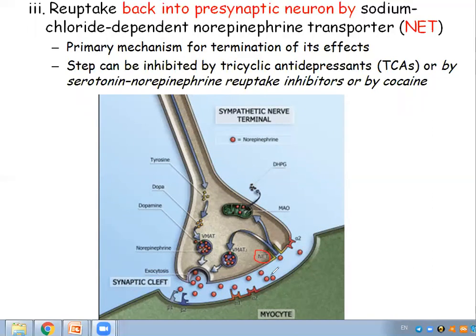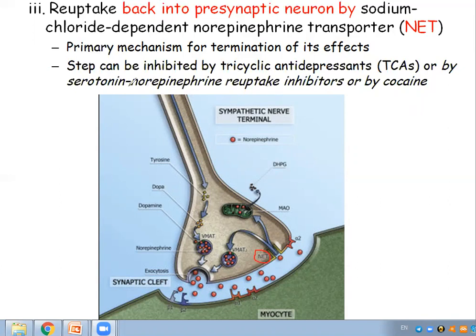Once its effect has ended, the norepinephrine has to enter back by this transporter into the presynaptic neuron. This step, in certain cases, can be inhibited by drugs such as TCAs, tricyclic antidepressants, or by serotonin-norepinephrine reuptake inhibitors.